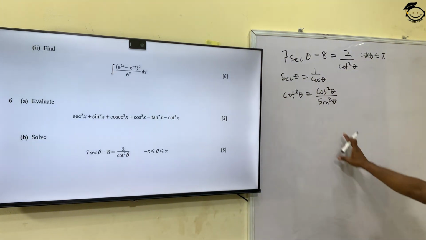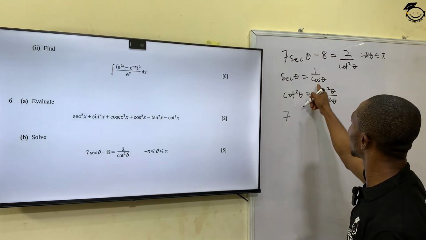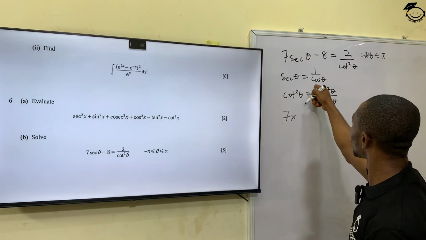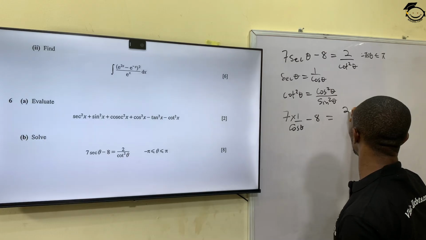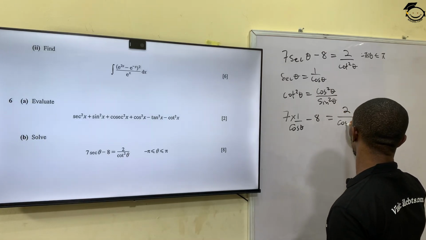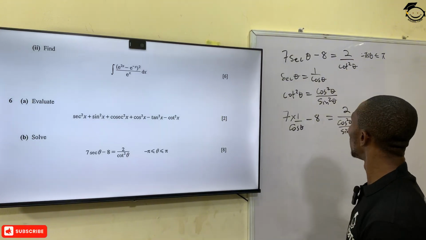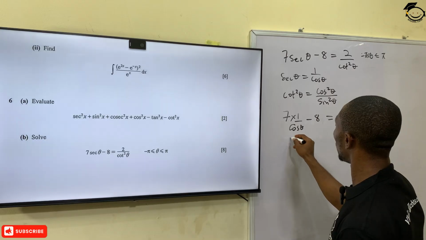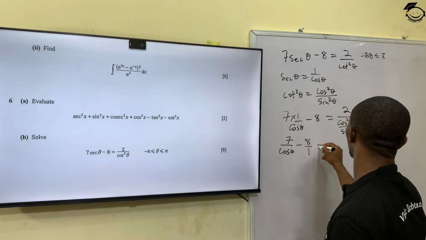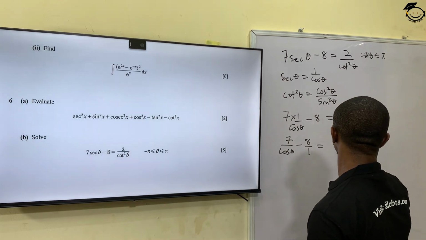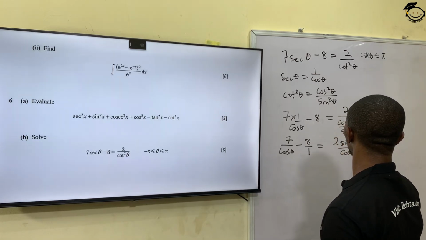Now, replacing this for this and this for this, we have 7 sec theta times 1 over cos theta minus 8 equals 2 all over cos squared theta minus sine squared theta. Okay, now this is going to give us 7 over cos theta minus 8 over 1 equals 2 sine squared theta all over cos squared theta.